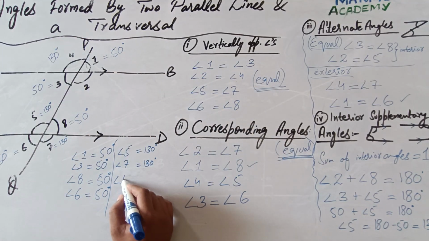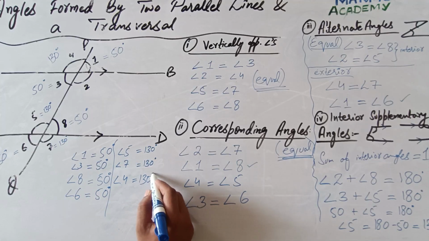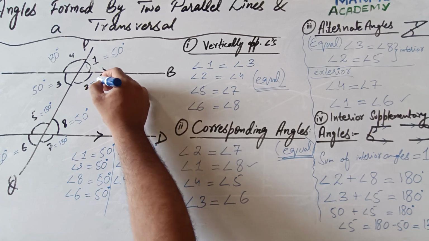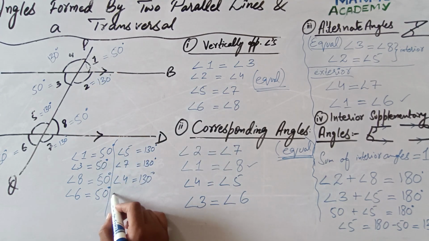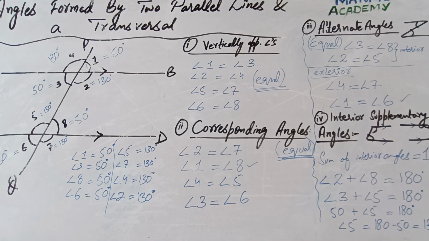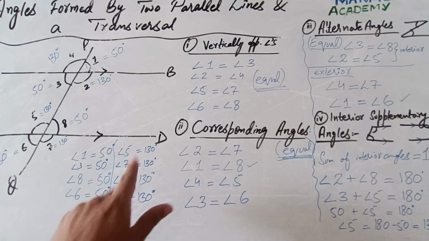So angle 4 is equal to 130 degrees, and which one is left over? Angle 2. According to vertically opposite angles, this angle is also equal to 130 degrees. So this is the way to find out all the unknown angles in a set of parallel lines and a transversal. If only one angle is known, we can find out the rest of the angles.